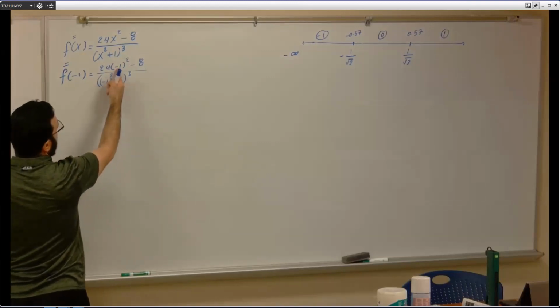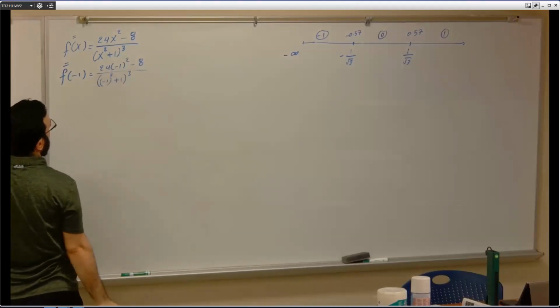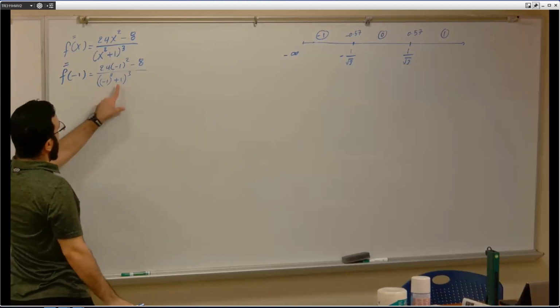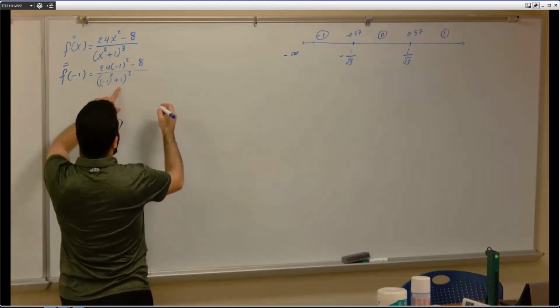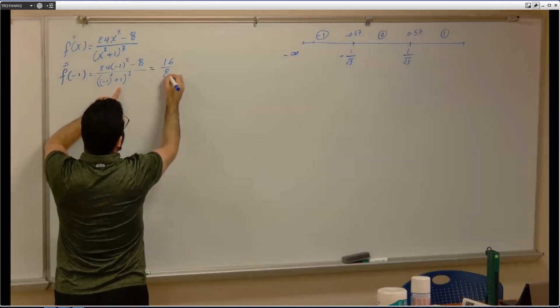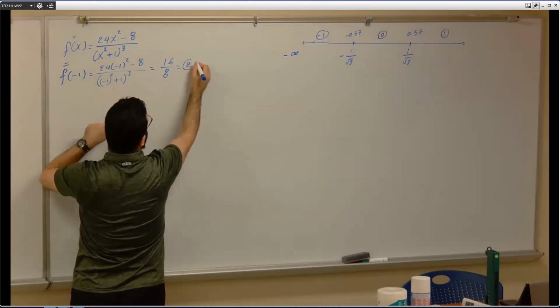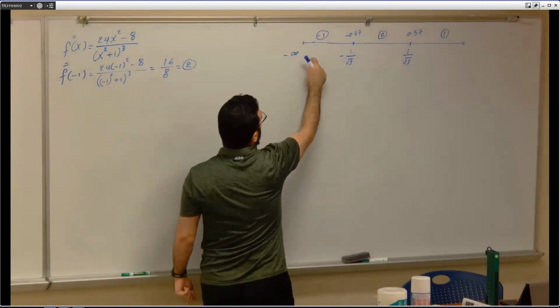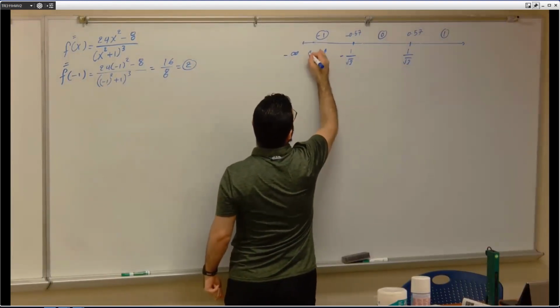This is positive 24 minus 8, okay, 16, over this one positive. 1 plus 1 is going to be 2, 2 cubed. So it's going to be 16 over 8, which is equal to 2, positive. From here up.